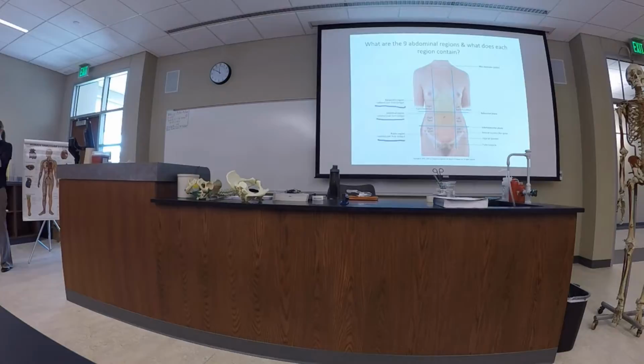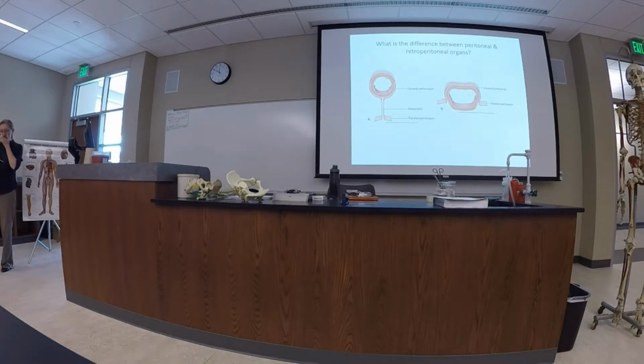Okay. All right, so we've talked about this before. I just want to revisit it really quickly because I like the way these diagrams show it. So the difference between peritoneal and retroperitoneal organs. With the peritoneal organs here, we see the parietal peritoneum coming up, the folds of the mesenteries arising from it, and then the visceral peritoneum wrapping around the organ.